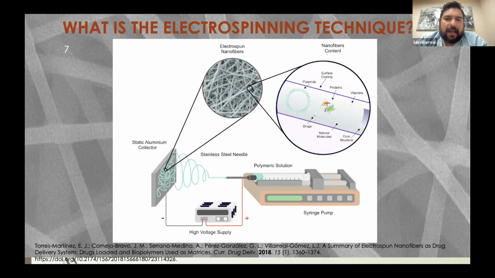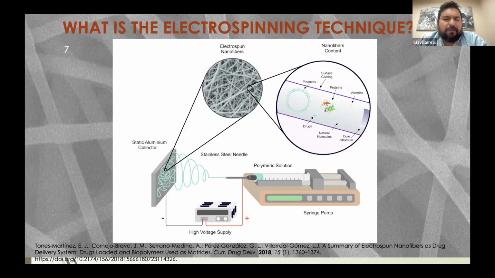For this strategy, you need to synthesize a polymer solution. You need to prepare this polymer solution. The disadvantage, as the last presentation mentioned, is that we have to use toxic solvents, such as chloroform.